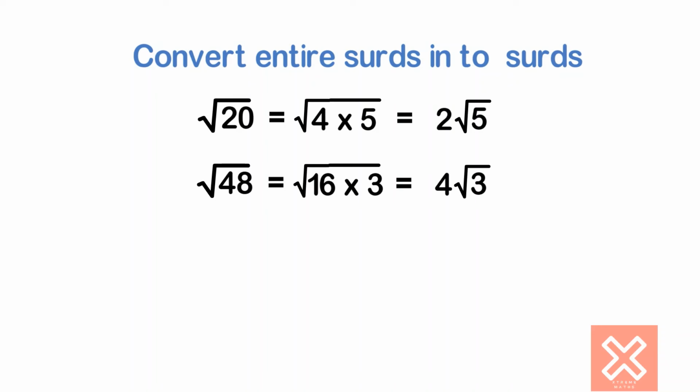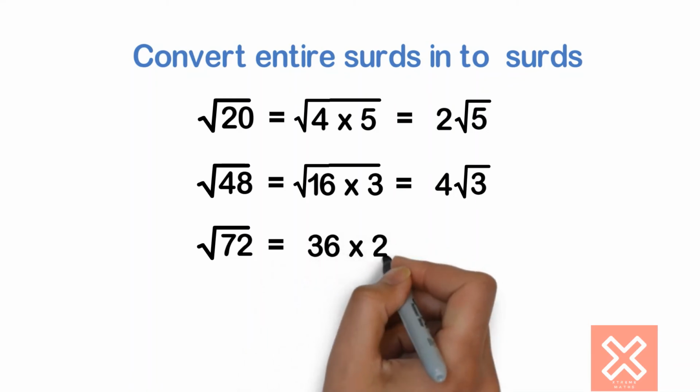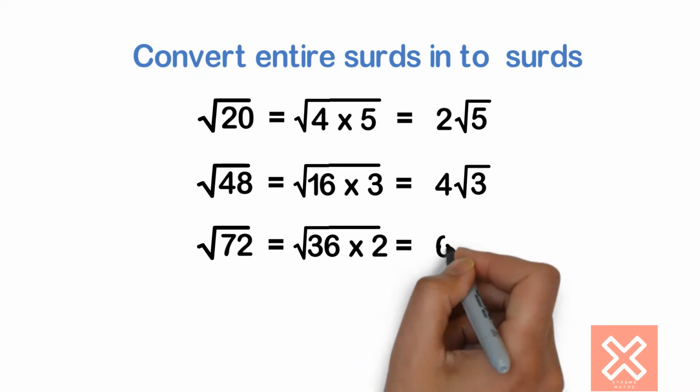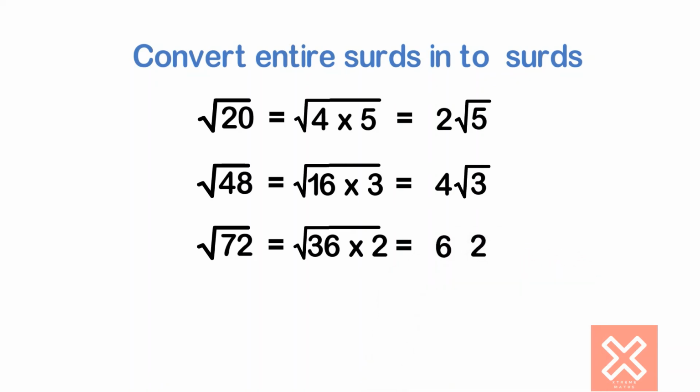We'll do these two entire surds also into surds. √72: inside 72, the highest square number is 36. √36 times √2. The square root of 36 is 6, so 6√2 is the answer here.